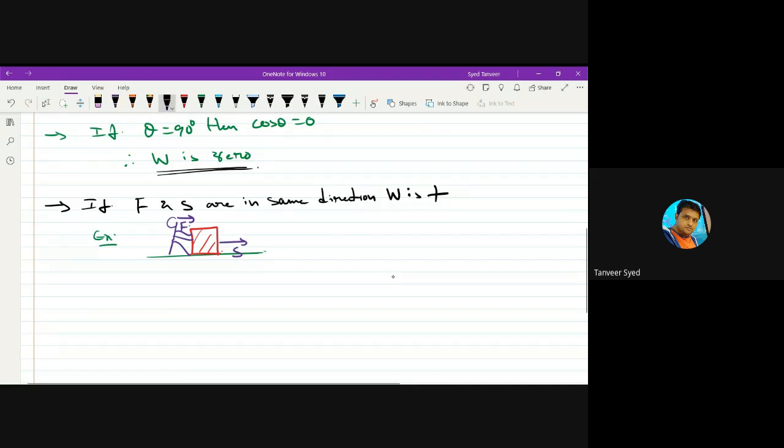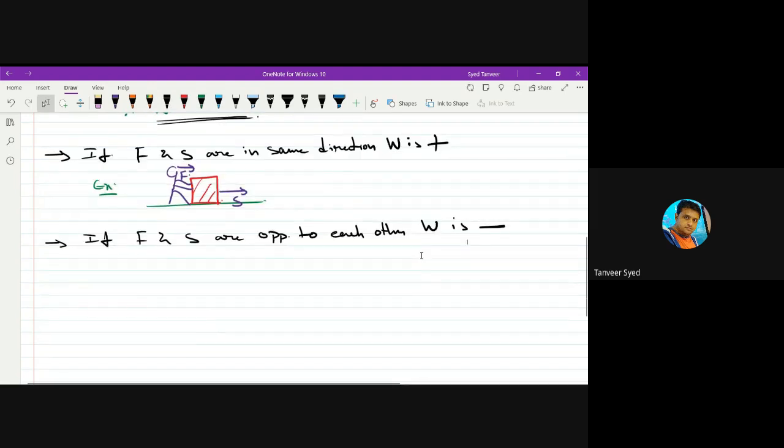Next, if force and displacement are opposite to each other, then work done is negative.